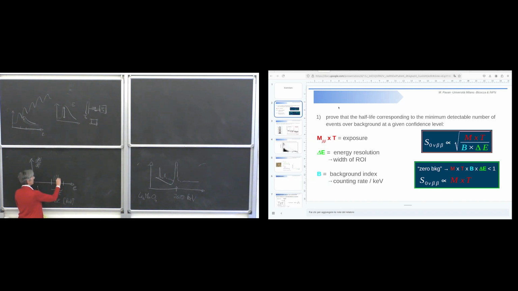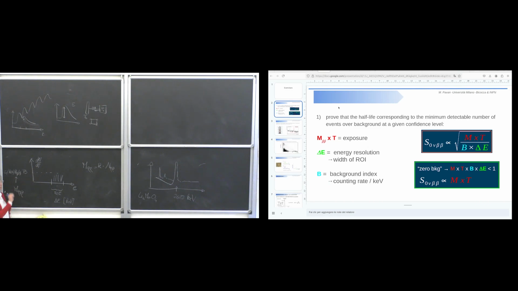Here we count events, and we have a background level B. The unit is counts per keV, kilogram per year, though this kilogram is the mass of the source. Okay, I normalized that to the mass of the source, and the mass of the source is a constant times the number of isotopes. Okay?